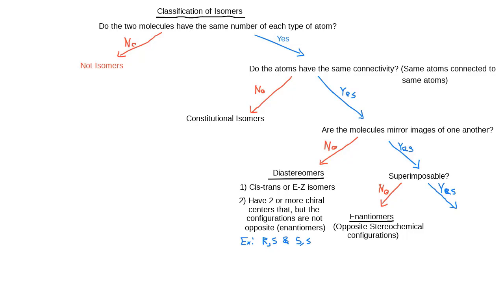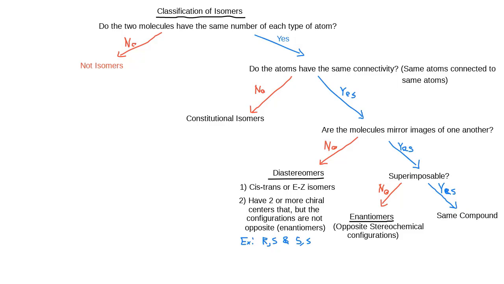Now, if they are superimposable, then they can be one of two things. They are going to be the same compound, but they could also possibly be meso.